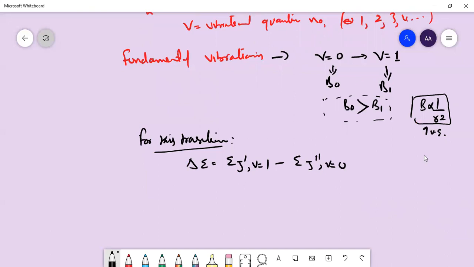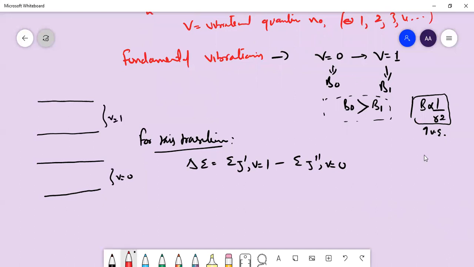We have already discussed in our last lecture. This is the first vibrational state, V equal to 0, and this is the first excited state, where V equal to 1. We know that each vibrational energy level is accompanied by a number of rotational energy levels. We consider J'' as the lower and J' as the upper rotational energy level.